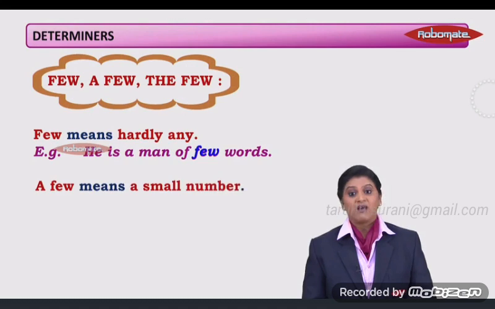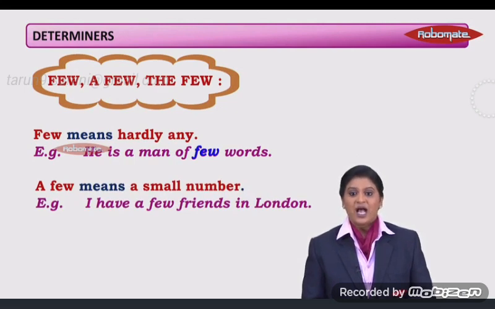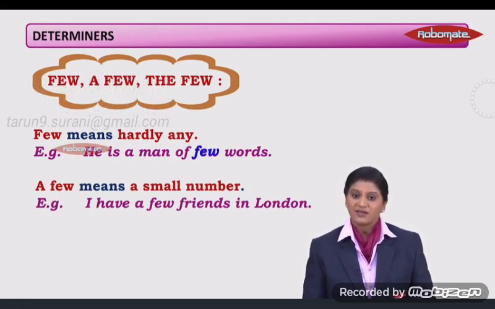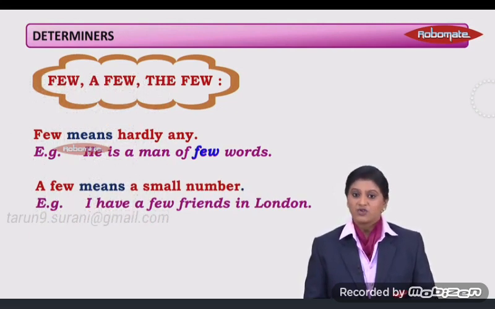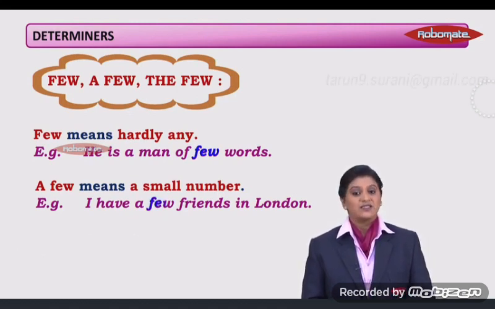But let's take a few. A few means a small number. For example, I have a few friends in London. Here, the noun to be considered is friends, and a few is the determiner that precedes it. In this case, a few will mean a small number of friends. Okay, so I have a small number of friends in London.